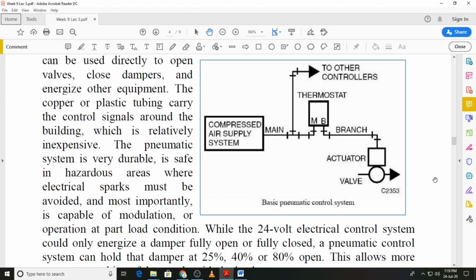So this is again a block diagram of a pneumatically controlled system, in which the compressed air causes the actuator to function, and then it operates the valve or a damper. The principal advantages of pneumatic air is that, of course, the air is cheap, and it's very durable and safe, especially in hazardous areas where you do not want any possibility of electrical sparks.